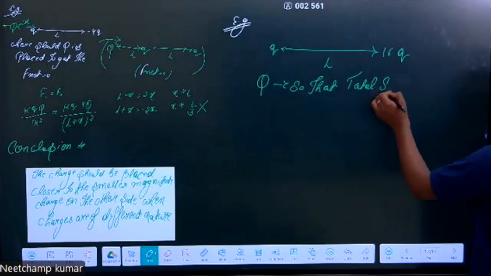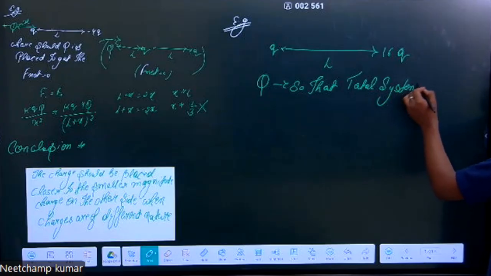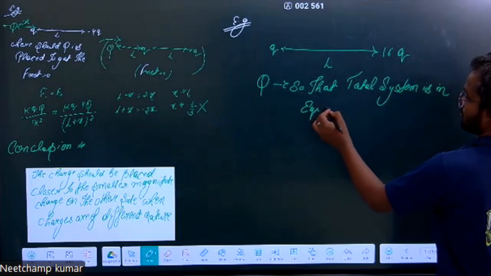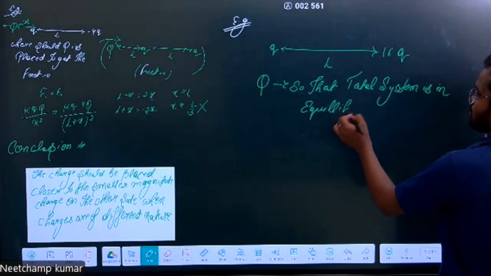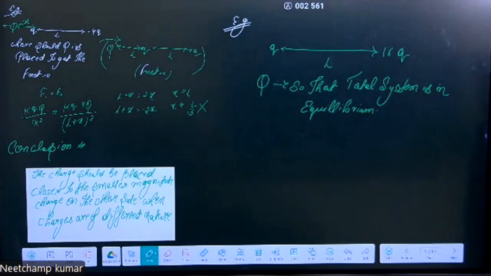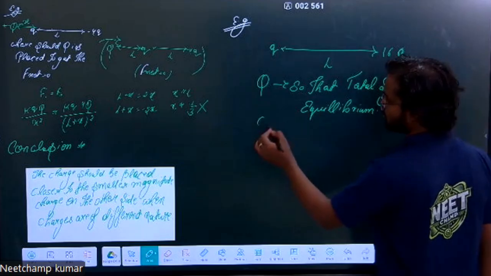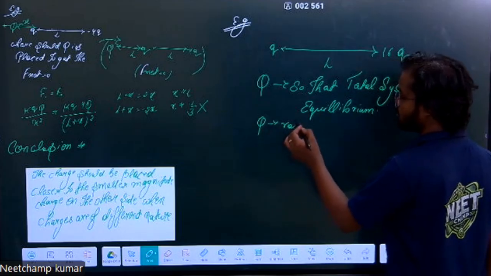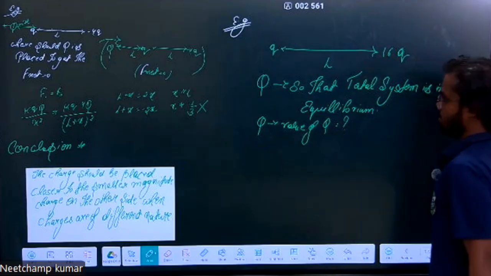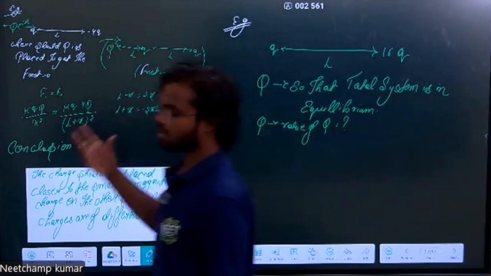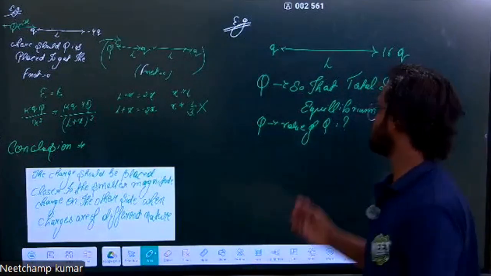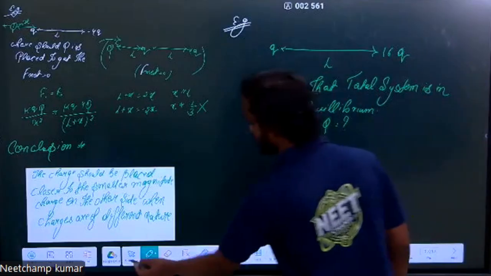The total system is in equilibrium. And I also know the value of Q. What should be the value of q? Initially, we were only considering the distance, right? Now one more question I have added. What is the value of q we have to consider so that it should be in equilibrium?